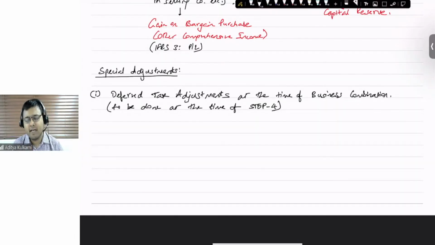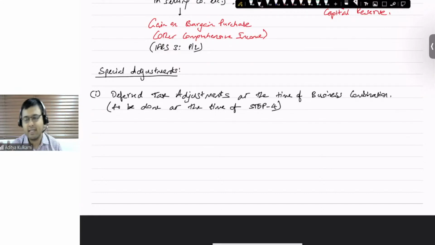Typically this direct adjustment will not be given. They will not tell you to calculate the deferred tax impact also. They will give you 2 pieces of information. The first one is fair value of net assets taken over as well as the book value of net assets taken over, and they will also be giving you the tax rate.